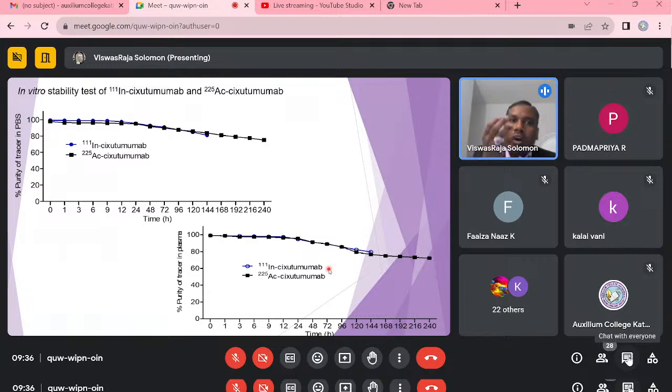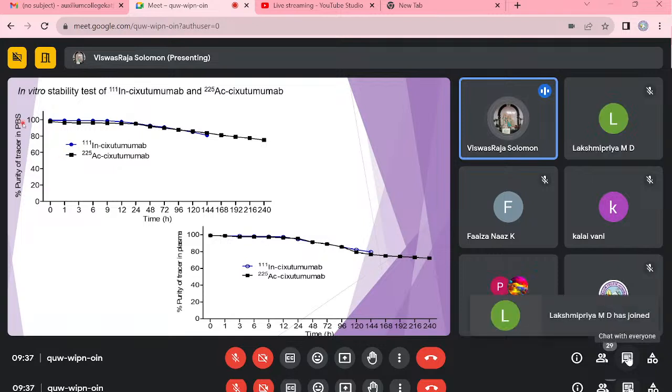This tracer should be stable during our animal studies as well as in vitro studies. That's why we want to check the stability of this product in two different conditions. One is the formulation buffer in PBS, because we do most of the animal studies in PBS.